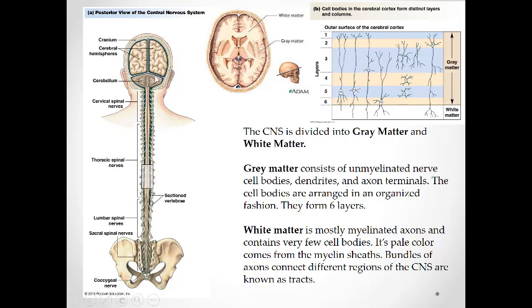The brain also, if we look at the posterior view of the human, you have the cranium, which is pretty much the skull that surrounds the nervous system, central nervous system. And you have two cerebral hemispheres, the left side and the right side, and in the back you have the cerebellum.